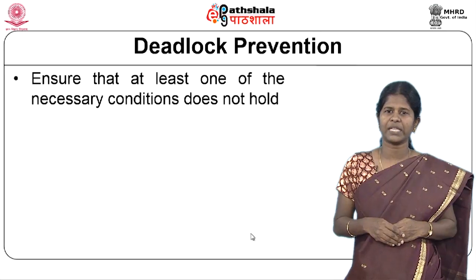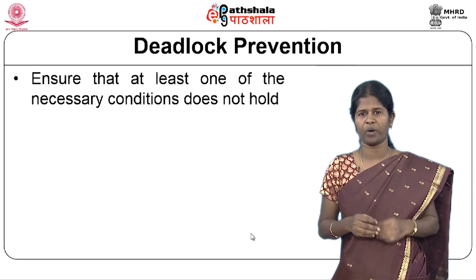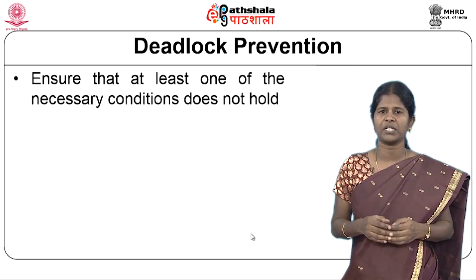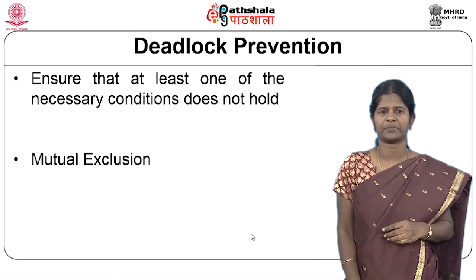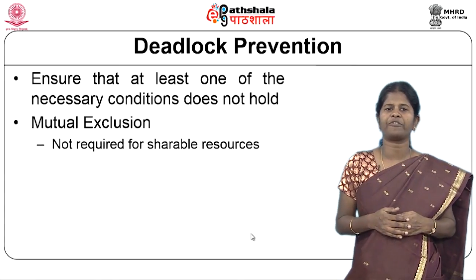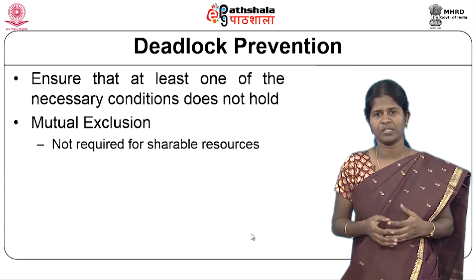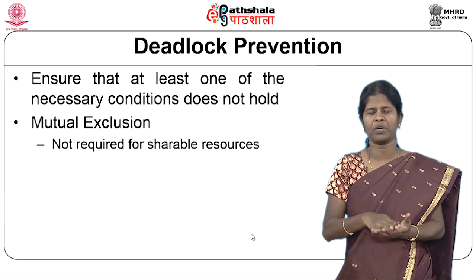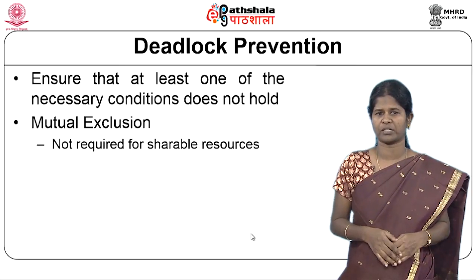So, we will now see each of these 4 conditions and see how we can avoid or prevent each of them. First is mutual exclusion. If you have a resource which can be shared by many processes at a particular time, then there is no need for mutual exclusion.